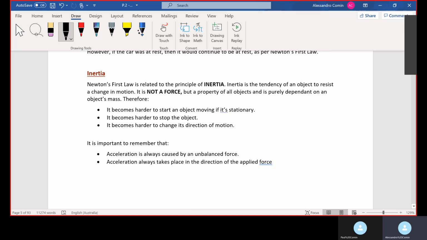Something that you may have heard in reference to Newton's first law is inertia. But what is inertia? Now, it's very important that we don't state that Newton's first law is inertia. It actually isn't. Newton's first law is related to inertia. What is inertia? It is the tendency of an object to resist a change in motion. It is not a force.